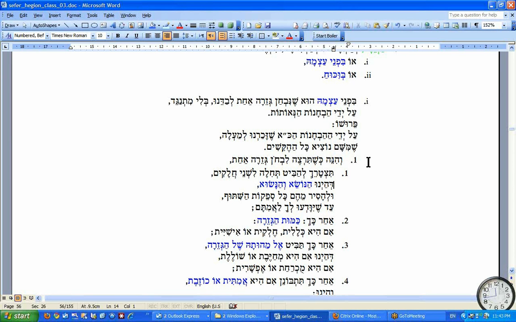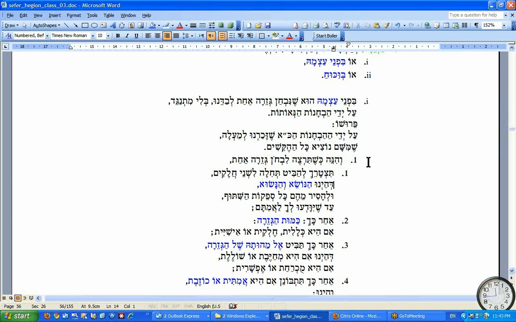Very important. You have to clear the statement from any questionable parts of the statement, or how do you say shituf? Ambivalent, maybe is the word. Ambiguous?